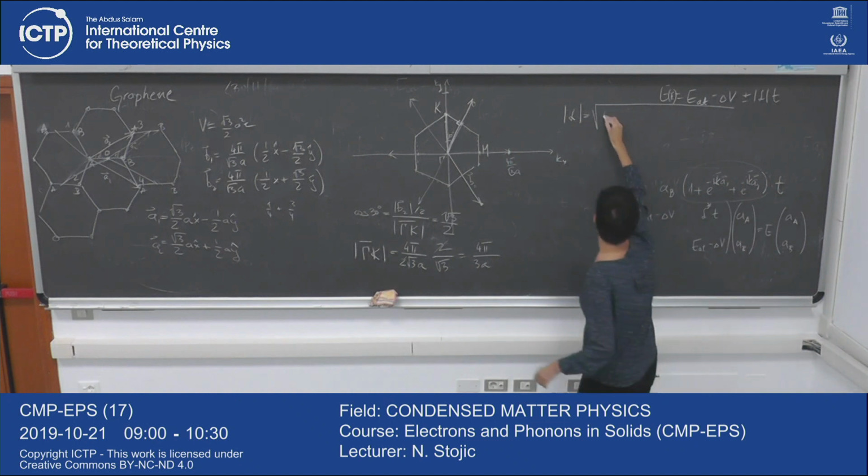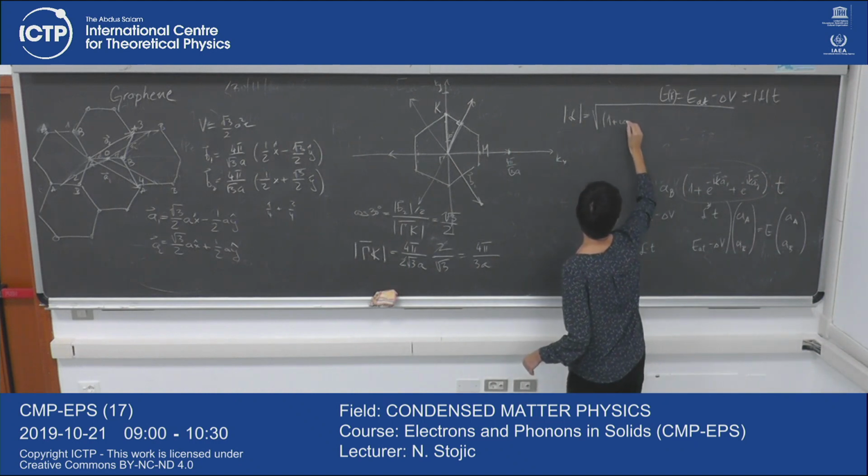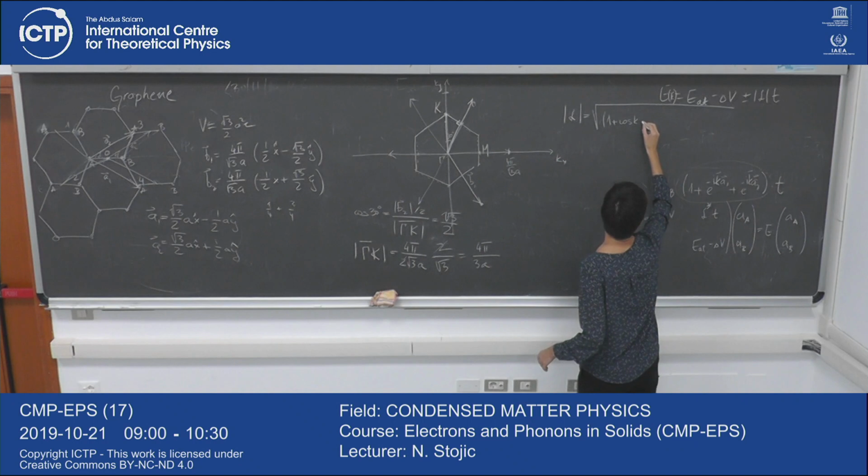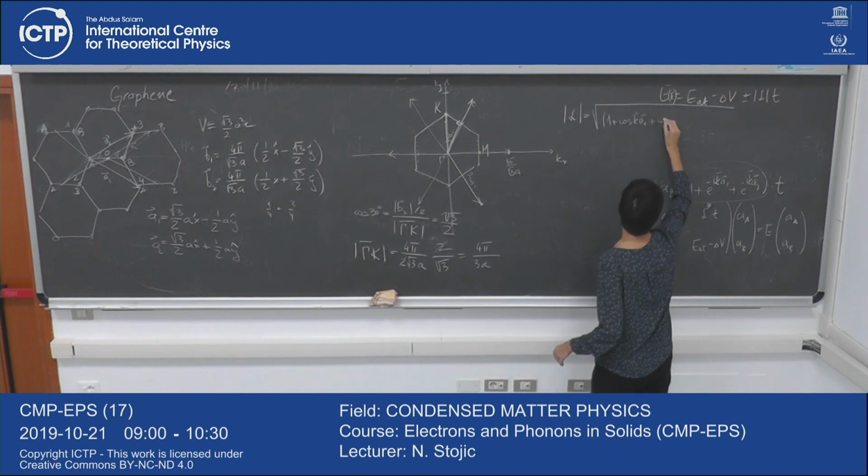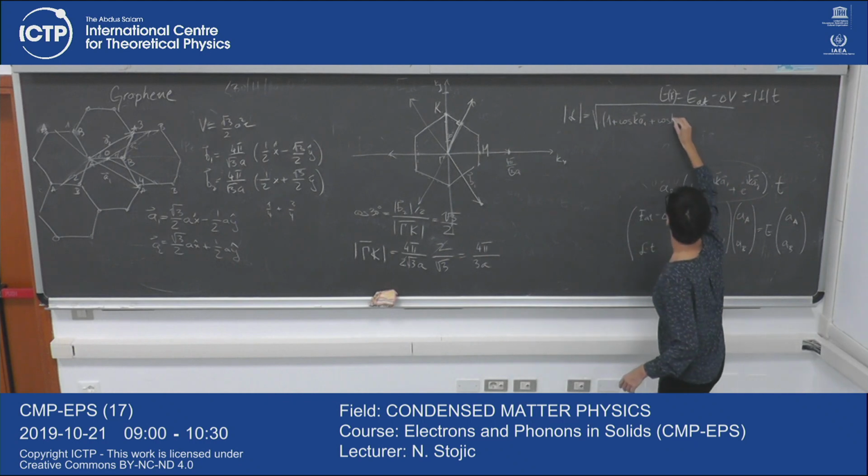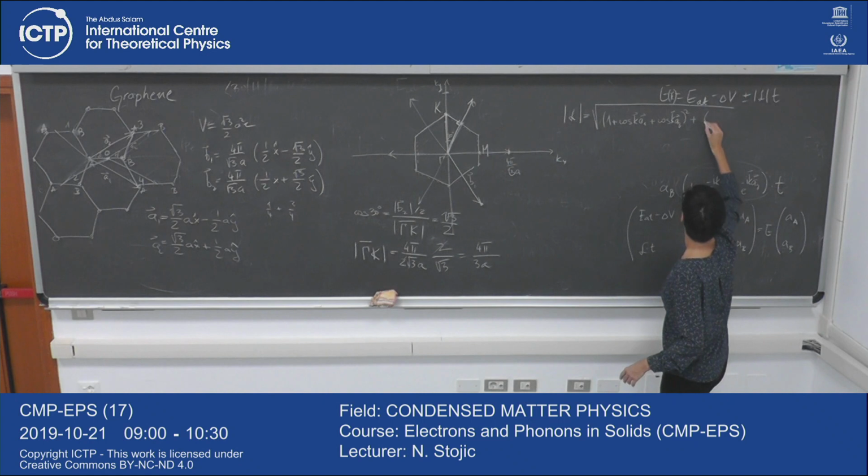The real part is 1 plus cosine k a1 plus cosine k a2, squared, plus sine.